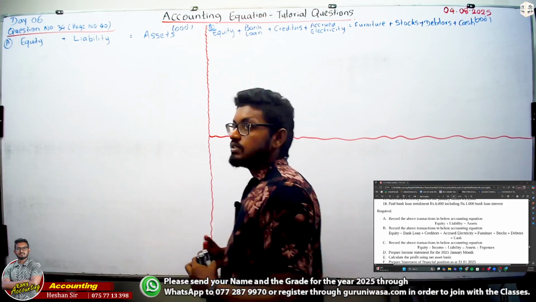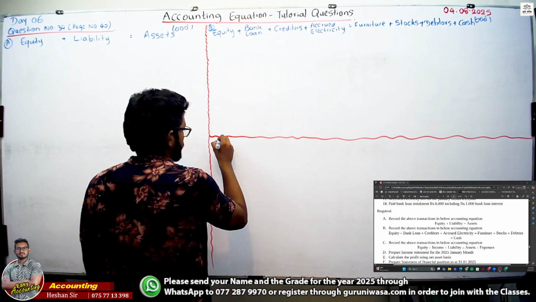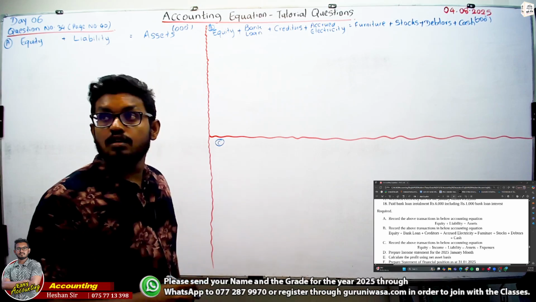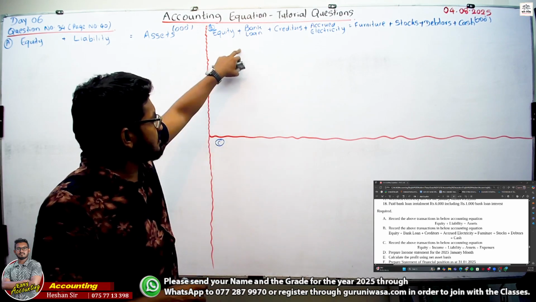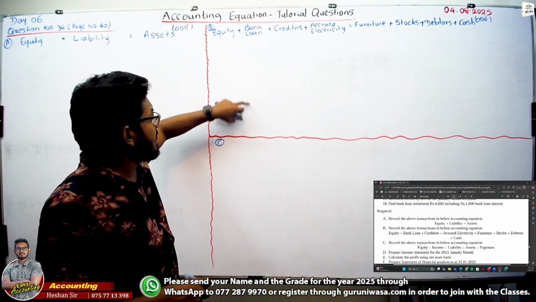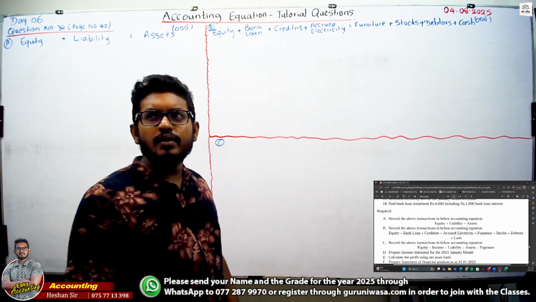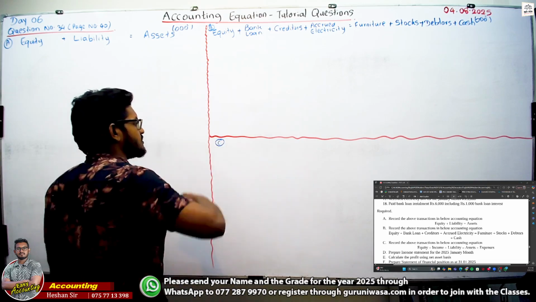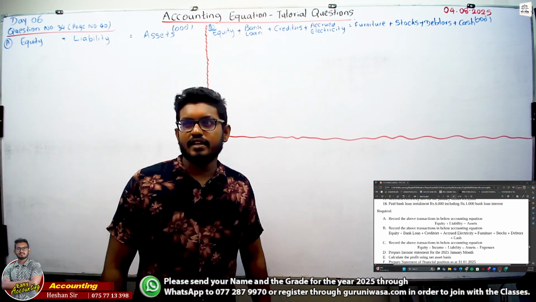In here you don't need that much space. Keep like 20 to 23 lines, that's enough, because per transaction it takes only one line.